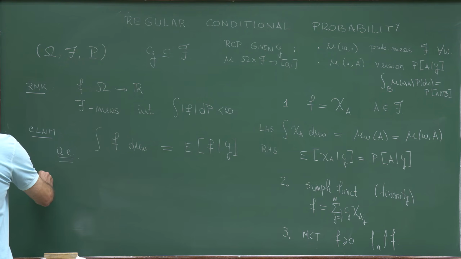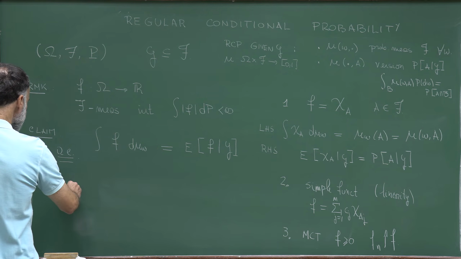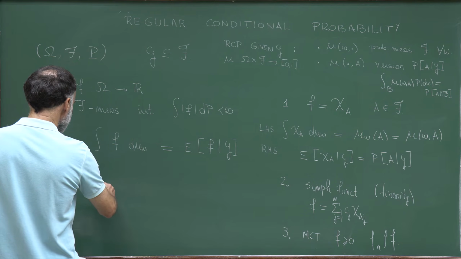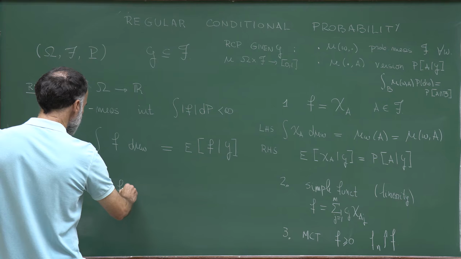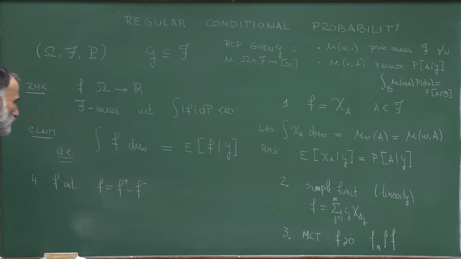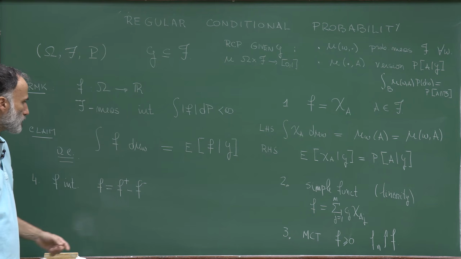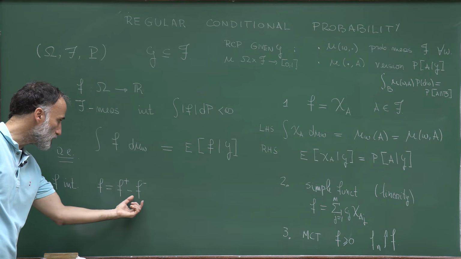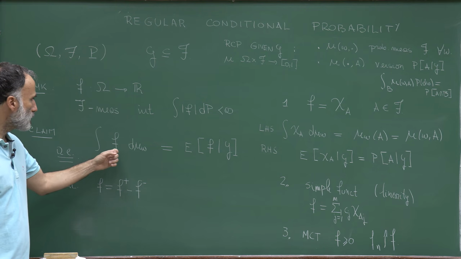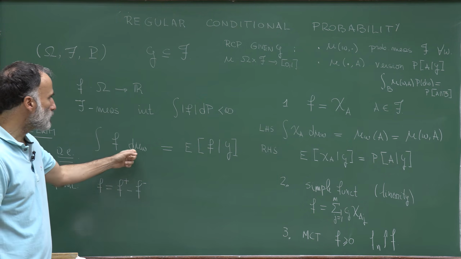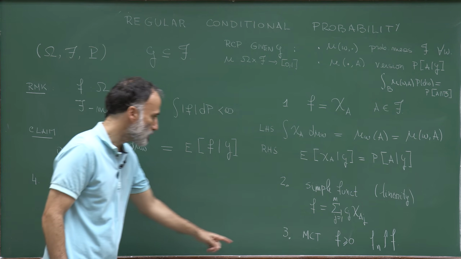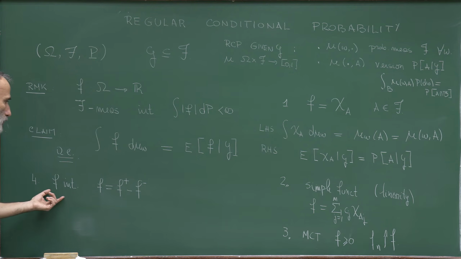And the last step is to take a function which is integrable. If this function is integrable, I can always rewrite it as its positive part minus its negative part. Both of these functions are integrable because f is integrable, and then I can use the linearity of the integral and the linearity of the conditional expectation to extend this identity to integrable functions.